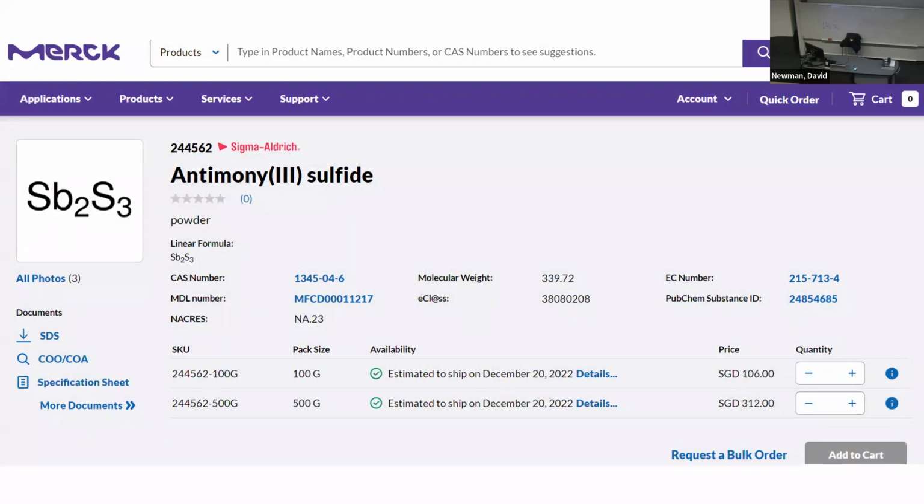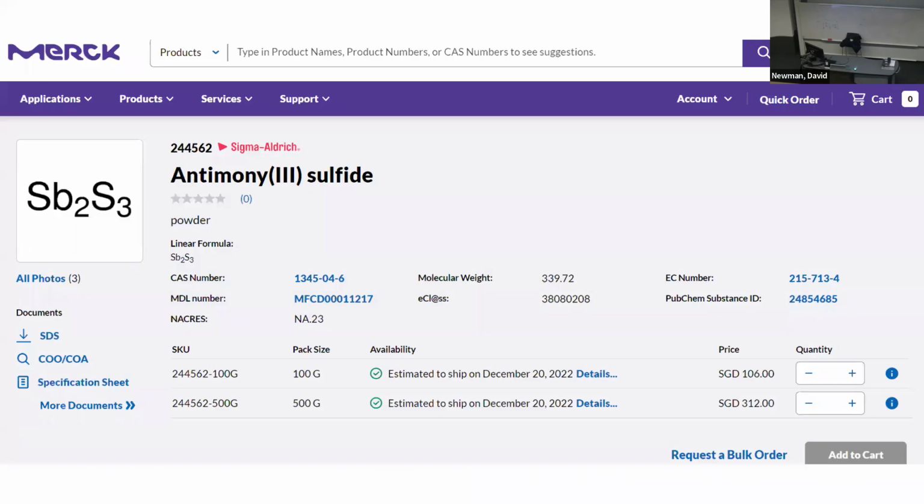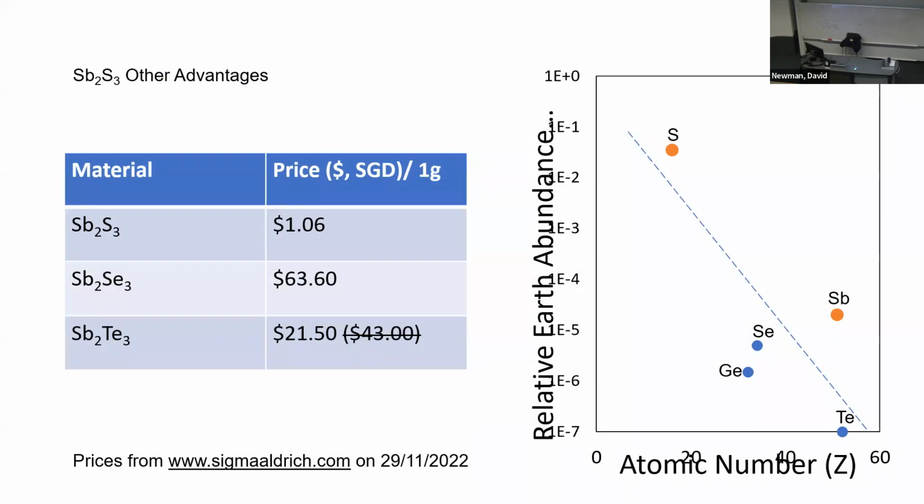If you look at antimony sulfide on Sigma Aldrich, I think I'm just showing the price. Basically it's 106 Singapore dollars, which is about £50 for 100 grams of antimony sulfide.